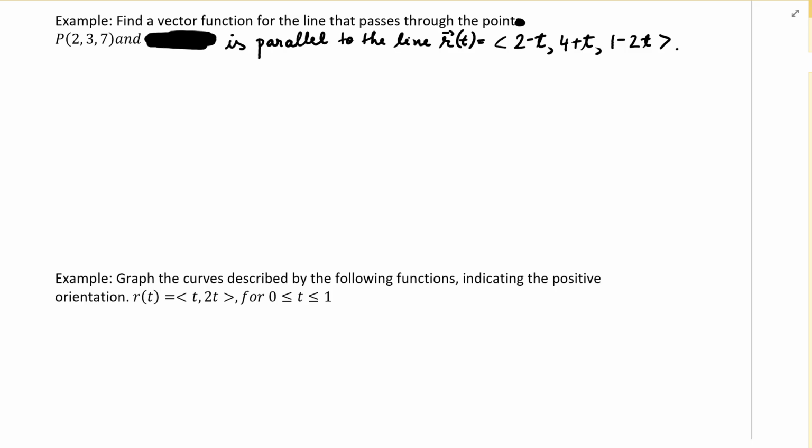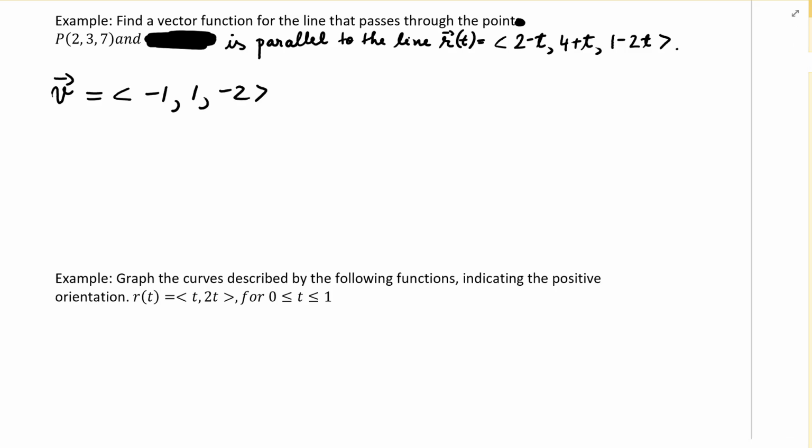So let's find the vector function for the line that passes through the point P of coordinates 2, 3, 7 and is parallel to the line r of t equals 2 minus t, 4 plus t, and 1 minus 2t. So the direction vector for the line, or for the function that we want to find, is going to be negative 1, 1, negative 2.